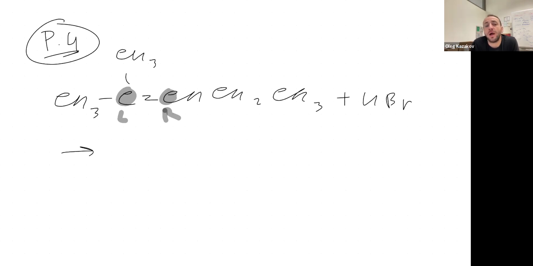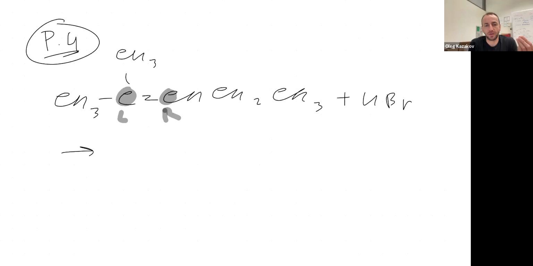Consequently, hydrogen from HBr will be added to the rightmost carbon, and bromine will have to go to the leftmost carbon, right? From another point of view, we can say that the bromine atom, or the halogen generally, will be connected to the carbon which is more substituted.